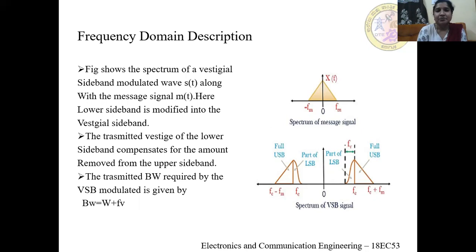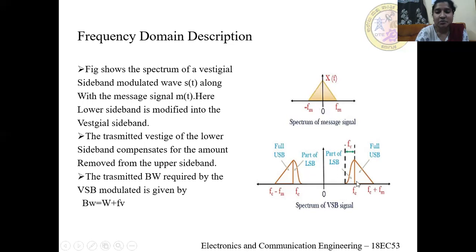Now we will see the frequency domain description. So this is the spectrum of the message signal and the VSB signal. The message signal has a bandwidth between -W to +W, or -fm to +fm.